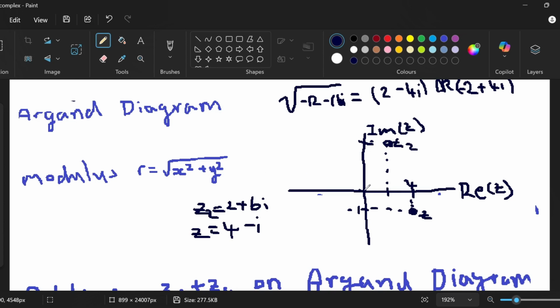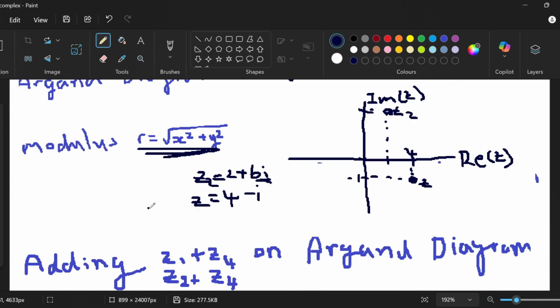The distance from the origin to the point is called the modulus, and you get it using this formula here, where x is my real part and y is the coefficient of my imaginary number. So say I want to find the modulus of z2, which would be this distance here. I would say that r is equal to the square root of the x part, which in this case is 2 squared, plus my y, which going up the y-axis is 6.